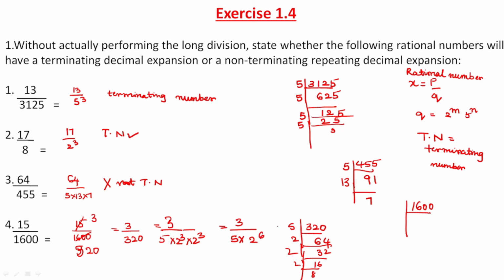So both of these have the combination of 2 power m and 5 power n. So yes, this is a terminating decimal number. 15 divided by 1600 is a terminating decimal number.